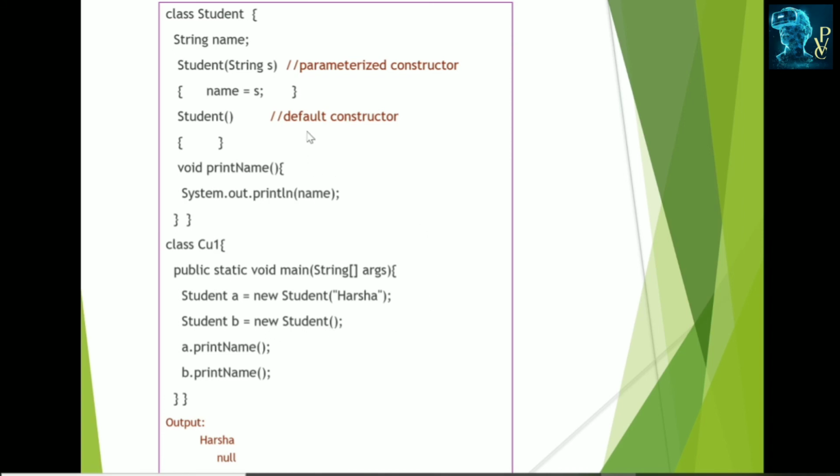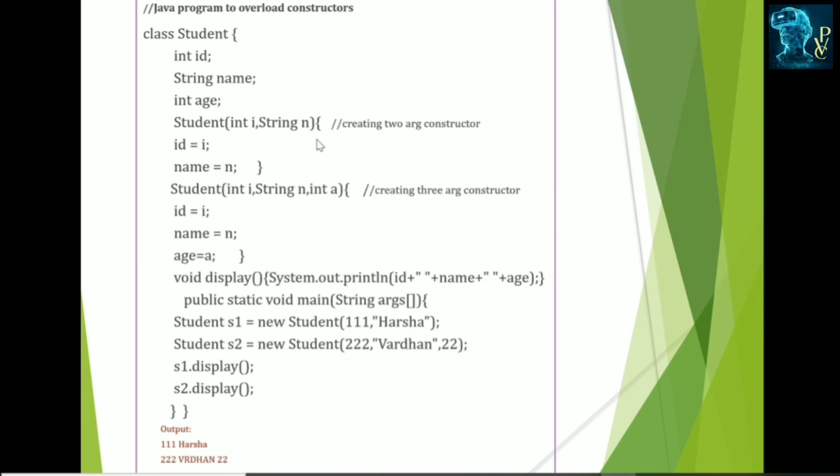First A.printName prints Harsha as the output, and B.printName prints null as the output, because we did not assign any value to the name variable, so it assigns the default values to the variables.